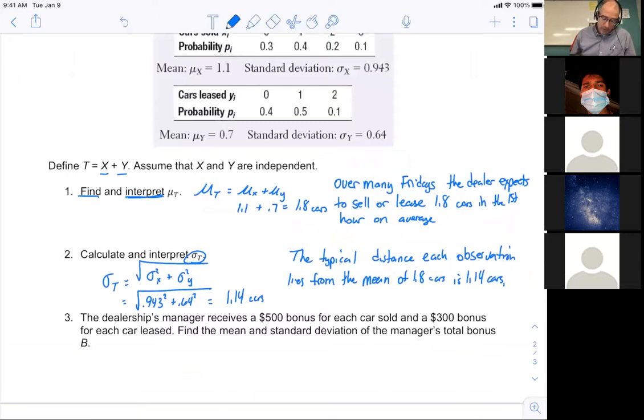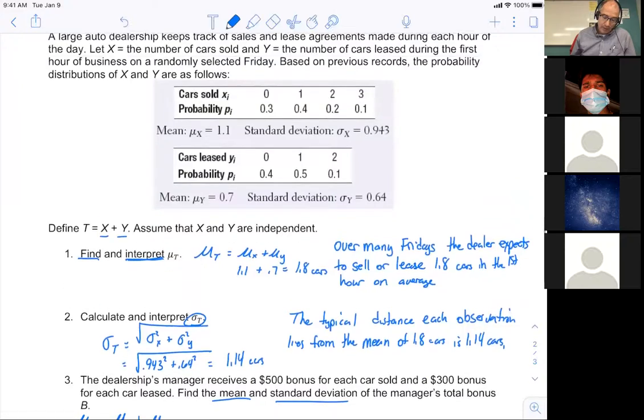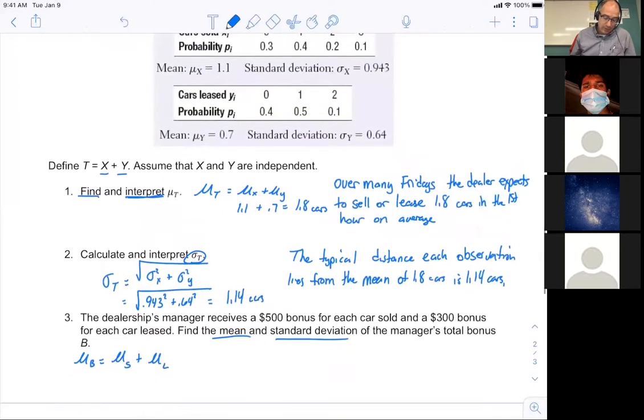The dealership's manager receives a $500 bonus for each car sold and a $300 bonus for each car leased. Find the mean and standard deviation of the manager's total bonuses. All right, so we need to know the mean bonus. So that's going to be coming from the mean of sales plus the mean of leases. Actually, I should have gone X and Y, but that's all right.